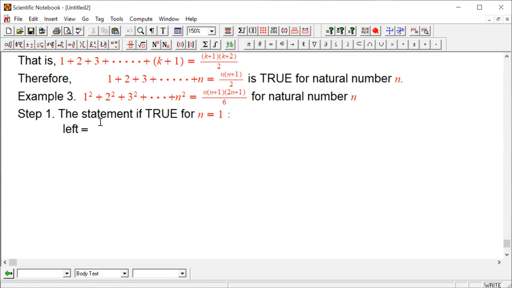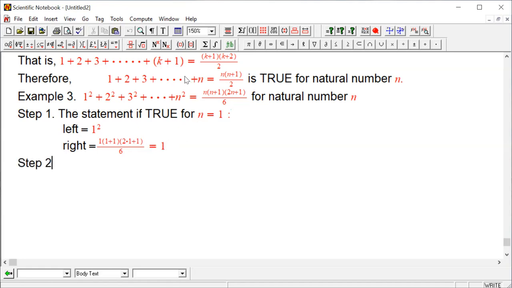Left-hand side when n equals 1 is just 1 squared, which is 1. And the right-hand side is this piece with n replaced by 1: 1 times 2 times 3, 6 over 6, that equals 1. So it's true for n equals 1.